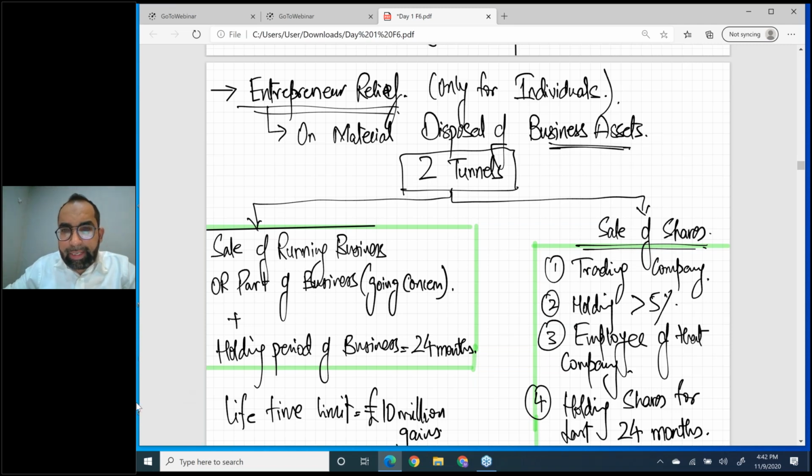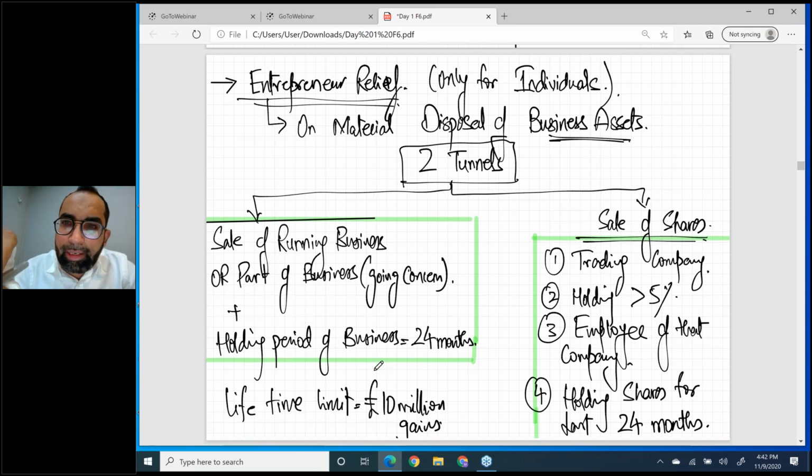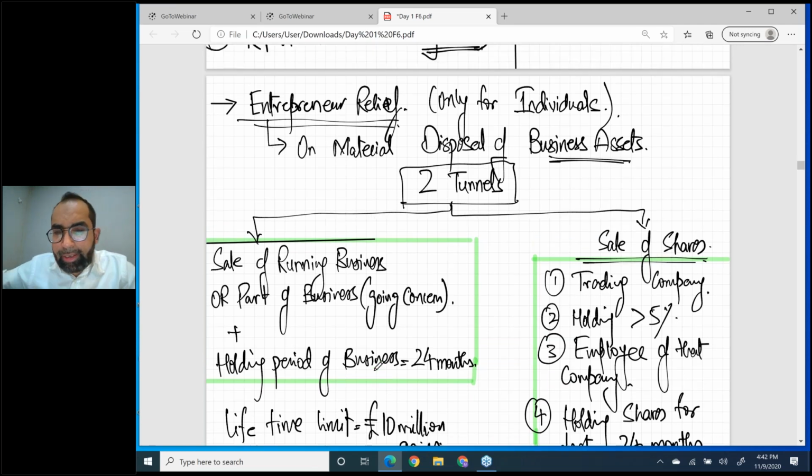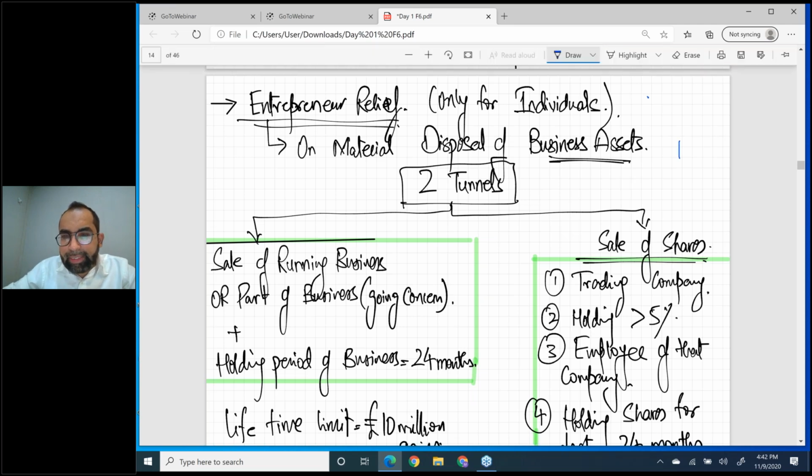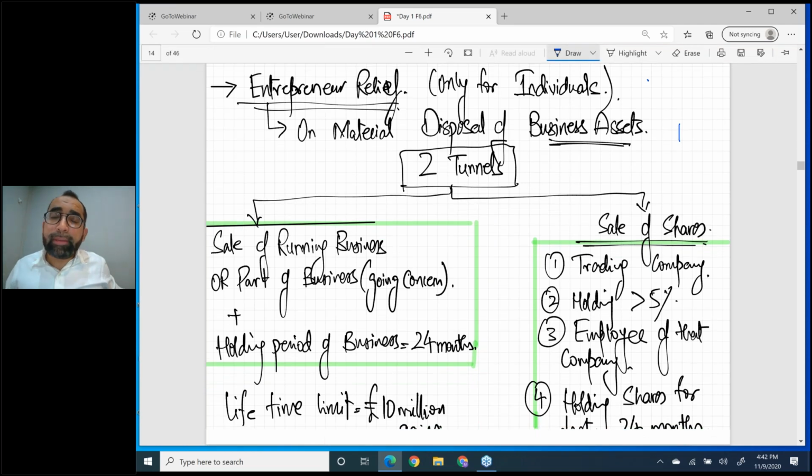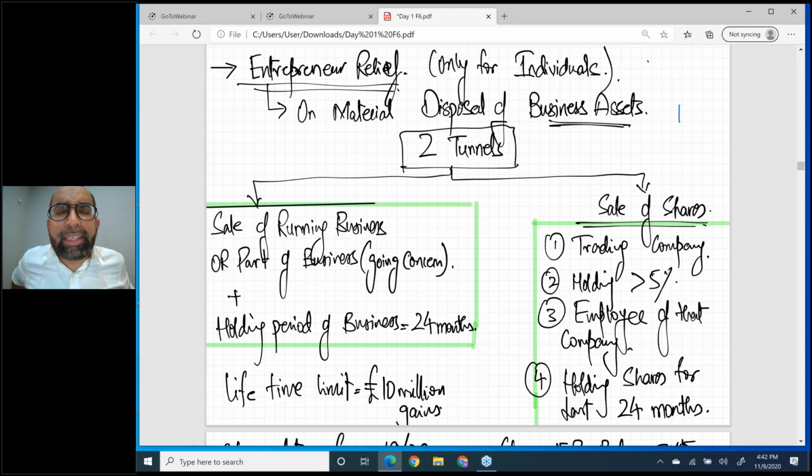There is a second tunnel as well, and that second tunnel is sale of shares. Sometimes you get entrepreneur relief by selling shares. What are the conditions for a shares disposal to qualify for entrepreneur relief?